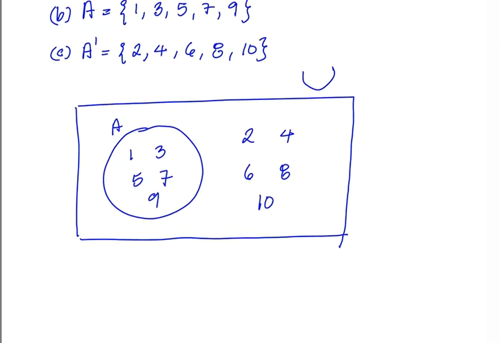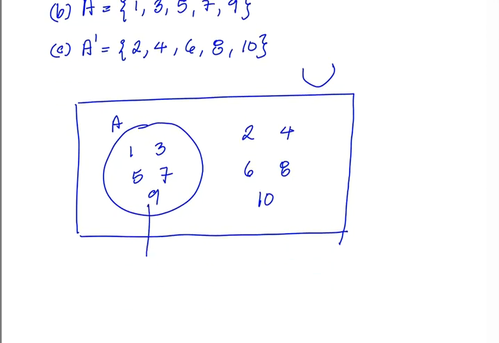And we already conclude that in here is A, and out here is A complement. The region of the universal set that is not A is A complement. Inside the circle is A, and everything else within the rectangle is A complement.